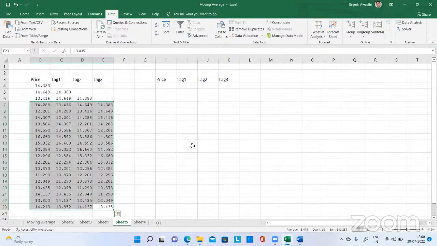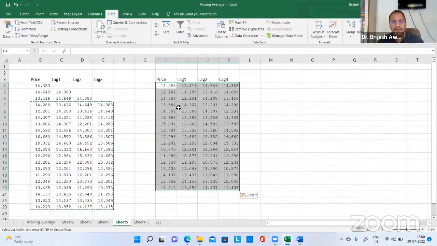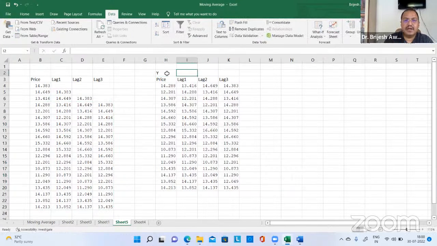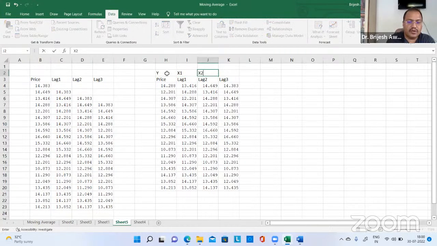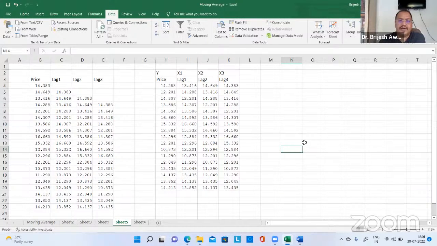Control C, and I paste it here, Control V. Now this is my Y, the dependent variable. This is X1, this is X2, and this is X3.